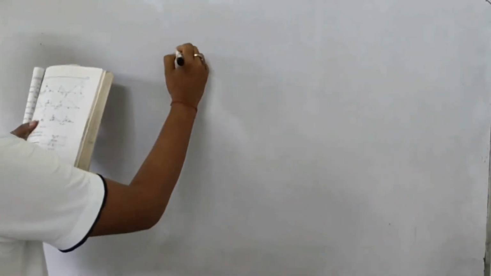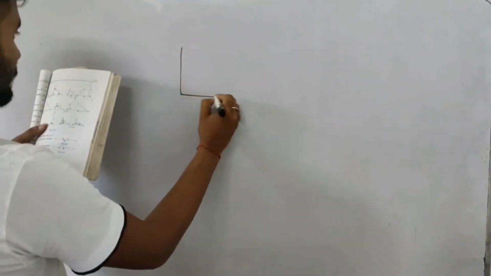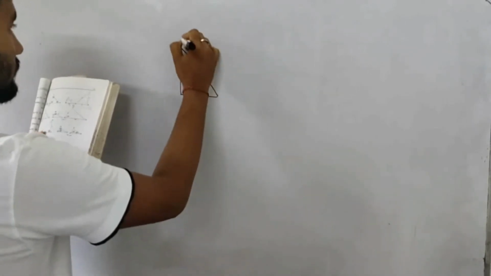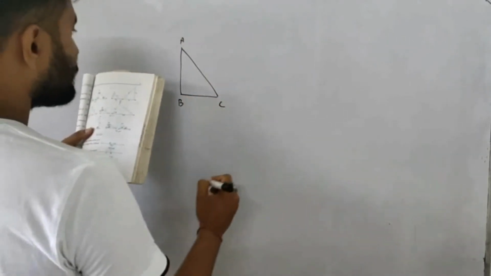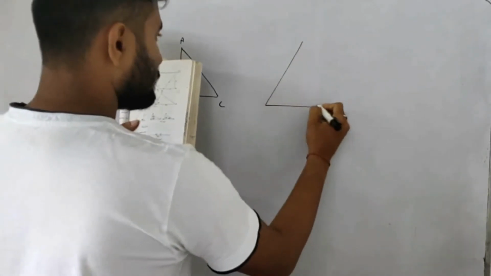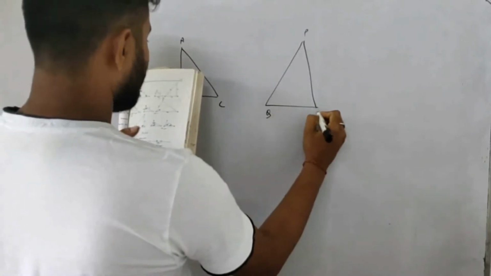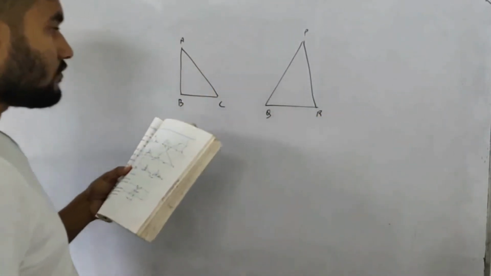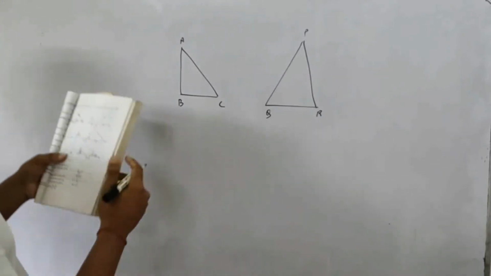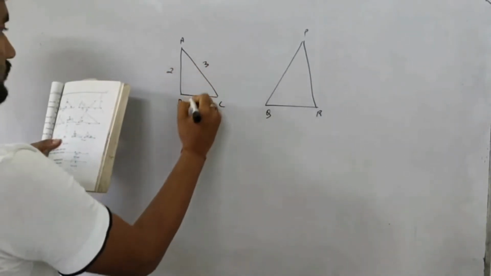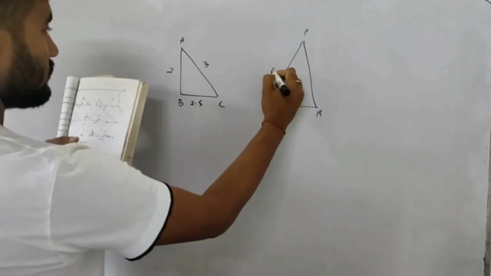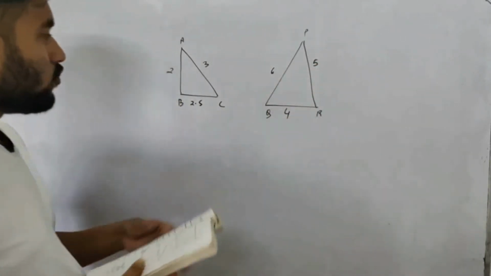What is given? ABC. This time sides are given, so you have to check whether they are proportional or not. No need to draw the triangle like that.